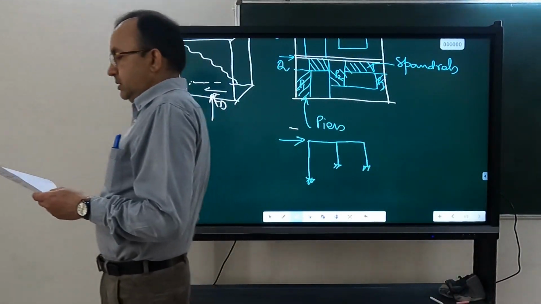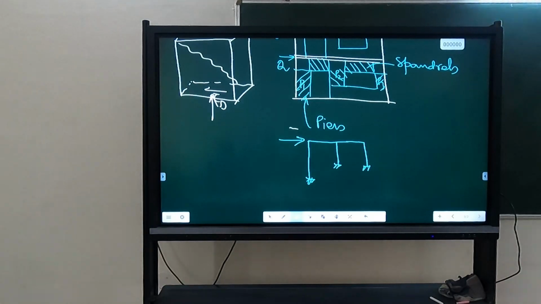So here the factored moment capacity is given. What is meant by factored moment capacity? The design moment, for which we have designed over here. Then an overstrength factor of 2 is also given. What does that mean? That the yield moment capacity is 2 times the design capacity. Yesterday I told you.